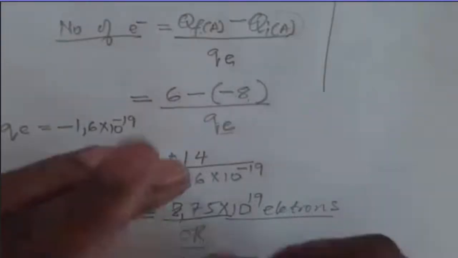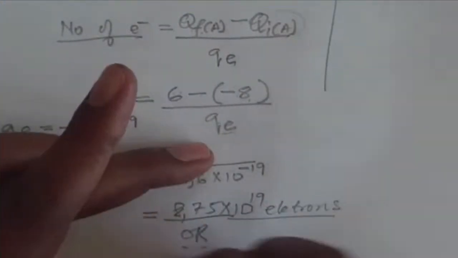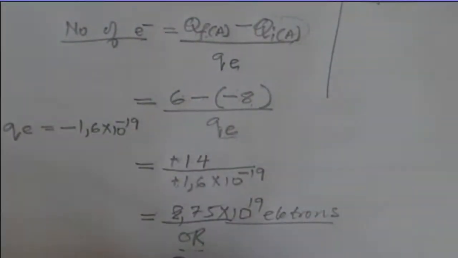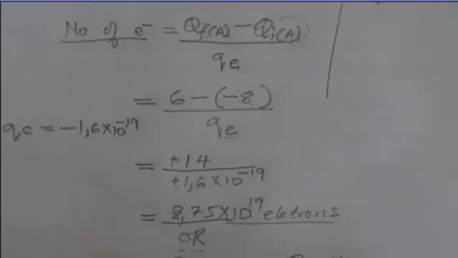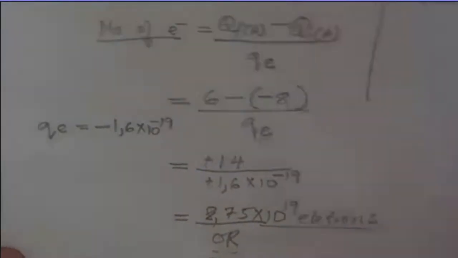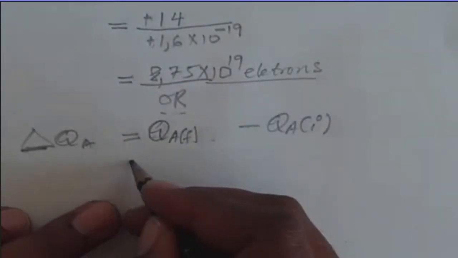I'm sorry about this. It will be Q_A final minus Q_A initial. I stands for initial, F stands for final.